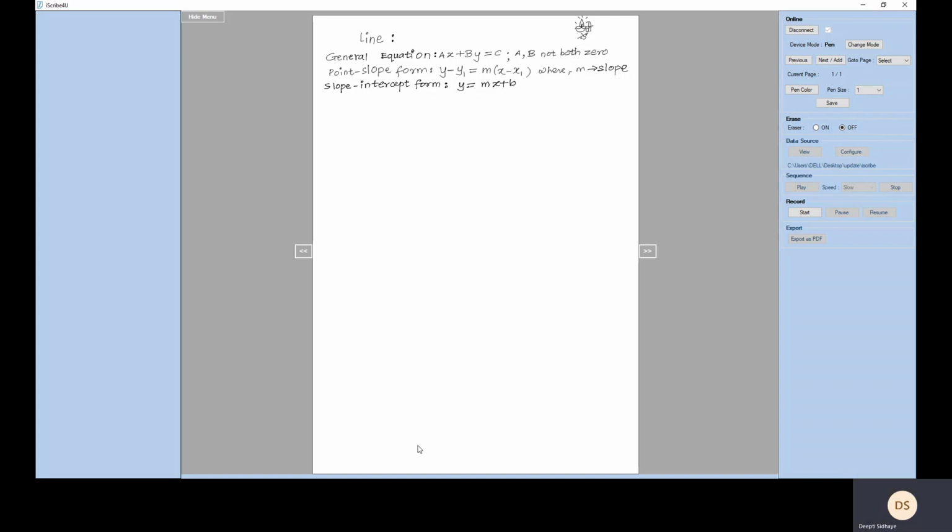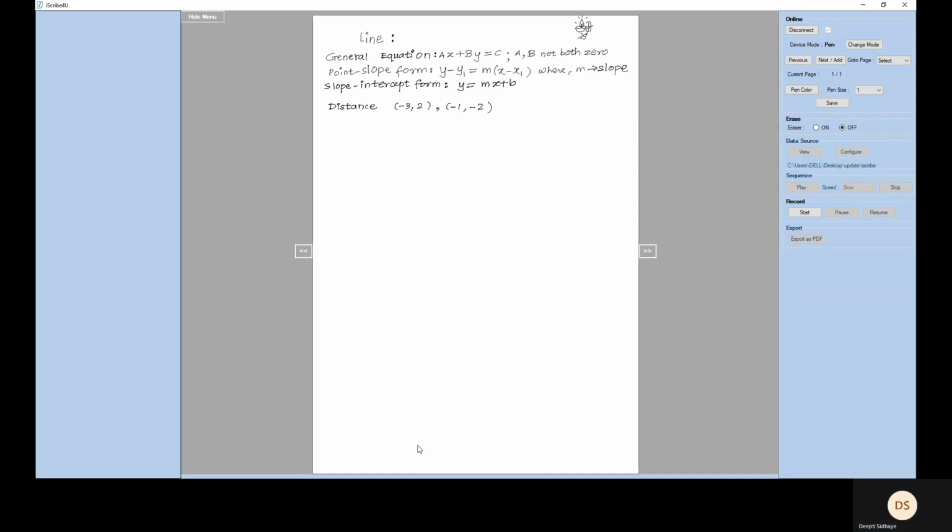Now let us try to solve some questions based on it. First, let us look at the distance formula. If you want to find the distance between 2 points, say (-3, 2) and (-1, -2), how will you find it?